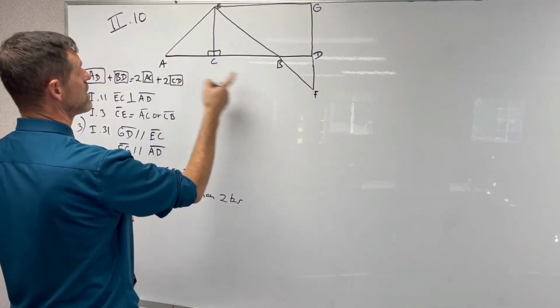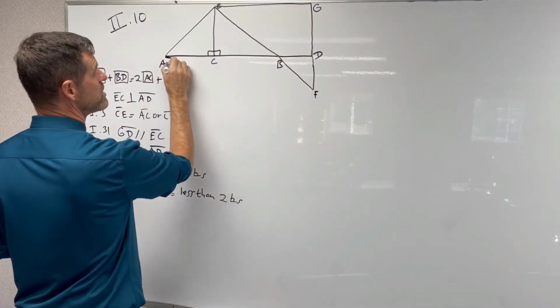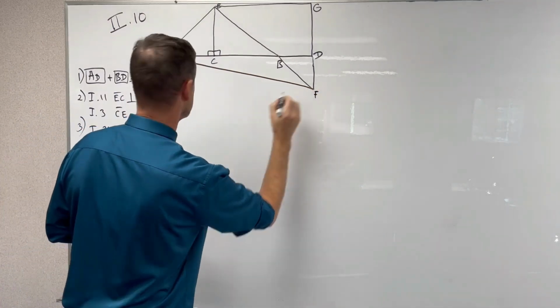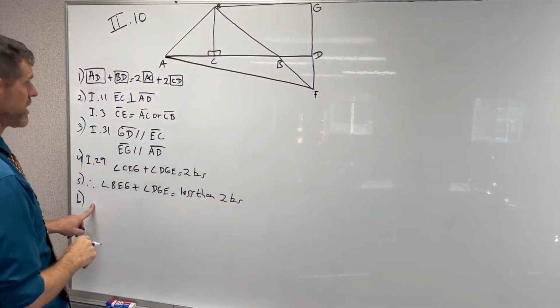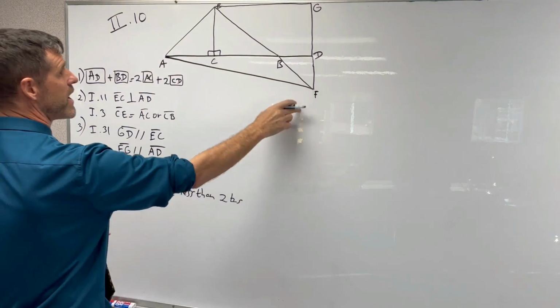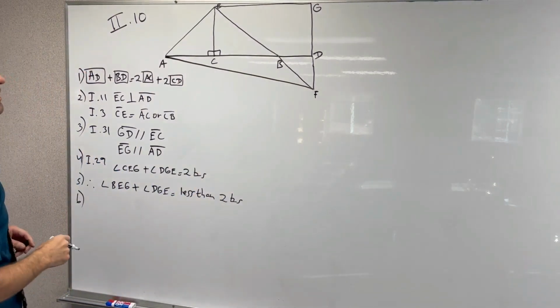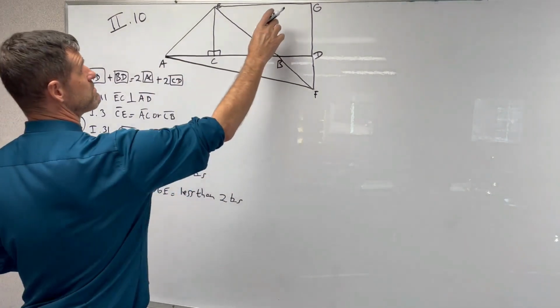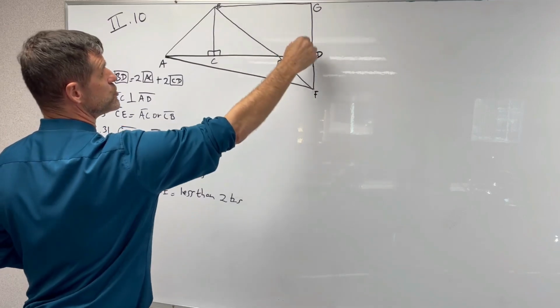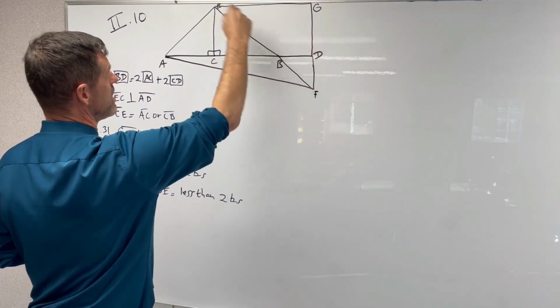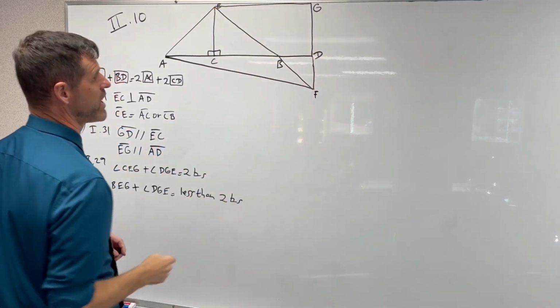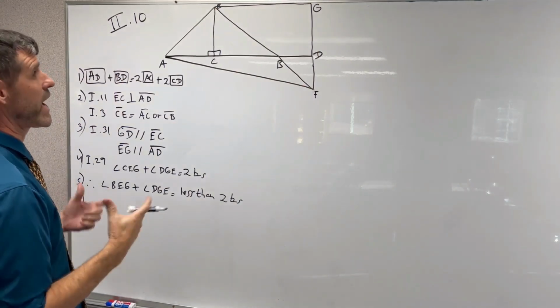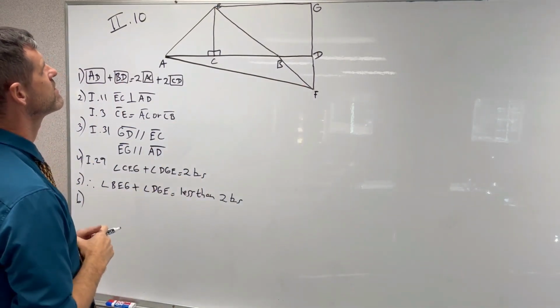And then we are going to connect A to F as well. That was Postulate 1, to connect A to F. And then we know from Postulate 5 of Book 1 that GD and EB would meet at a point when they were produced, and it turns out to be point F.